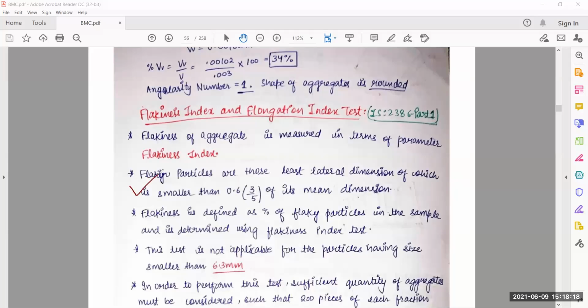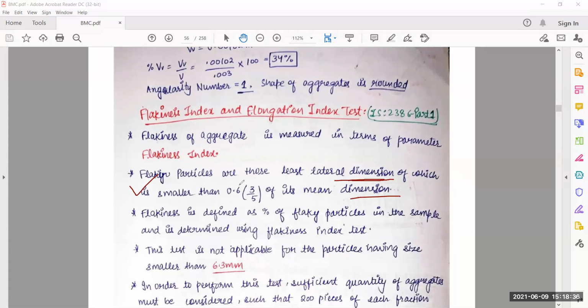I discussed this point. Flaky particles are those whose least lateral dimension is smaller than 3/5th or 0.6 of its mean dimension. I find out the mean dimension, and also I discuss how we identify the least lateral dimensions.